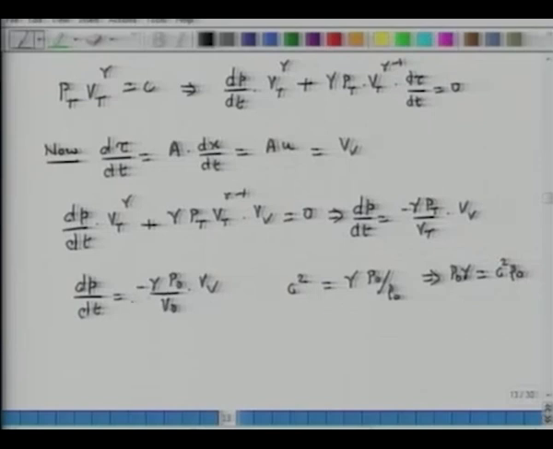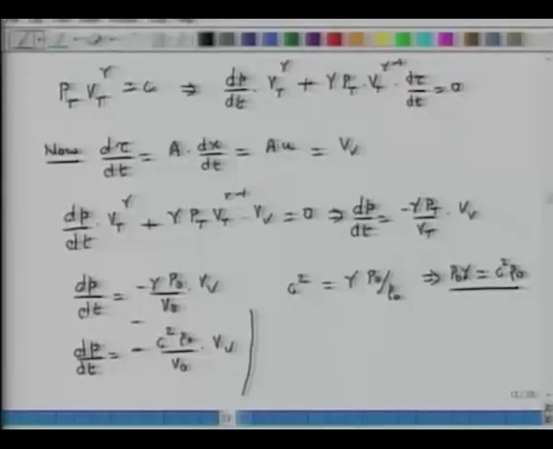So I put this in this relation, so I get the time rate of pressure equals minus C square rho naught over V naught times the volume velocity. The significance of the negative sign is, as you have in a spring, that when you put a pressure, then the volume will reduce and vice versa.